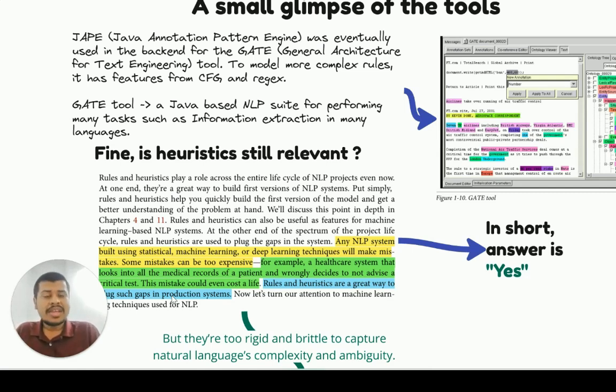Why so? Though we have better models now, like large language models and machine learning techniques, even then they're preferring this, because all of these deep learning approaches are a black box.